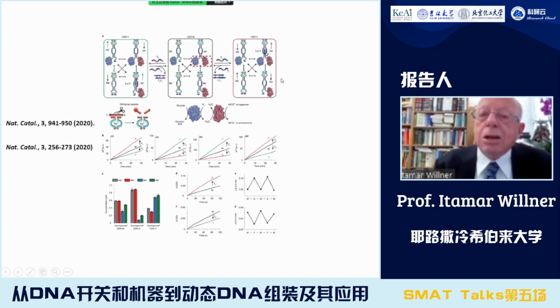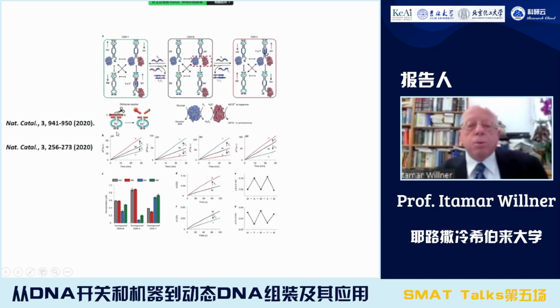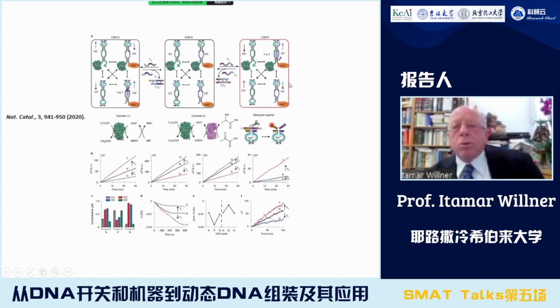And this is exactly what was demonstrated in this paper that was published about a year and a half ago in Nature Catalysis. Now, this is a very general phenomenon, and we were able to show that we can control and regulate such biocatalytic cascades for enzymes with a cofactor, for example, alcohol dehydrogenase and NAD.